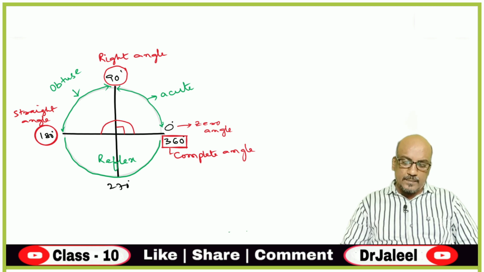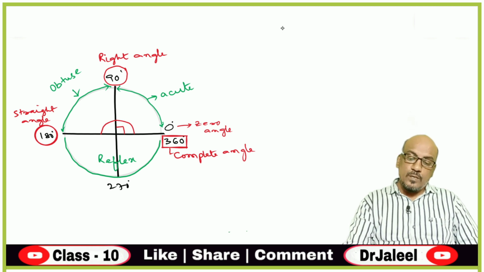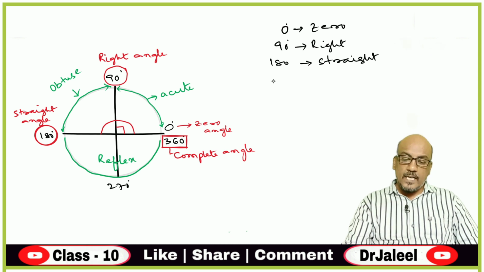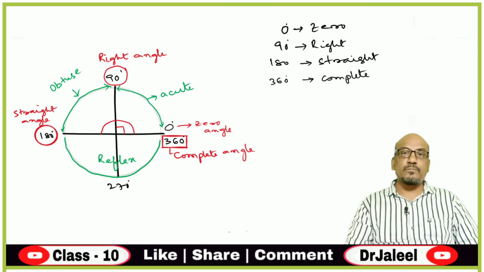Once again, let me write it and explain you. If it is 0, we call it as 0 angle. And if it is 90 degrees, we call it as a right angle. And if it is 180 degrees, we call it as straight angle. And when it is 360, because it is making complete round, so we call it as complete angle.